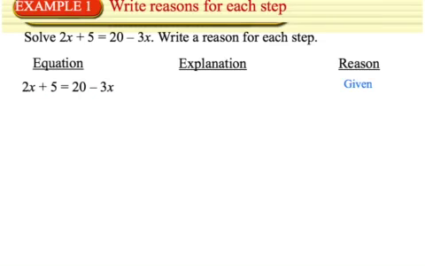So let's write this out kind of like a proof. So the first reason that I wrote the equation was, well, simply that was given. That's what I was told to do. So that is legitimately a reason. You would write given. The explanation for what I'm doing right there is I'm just writing the original equation.